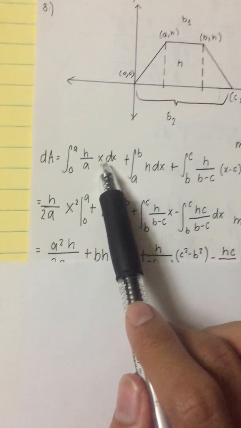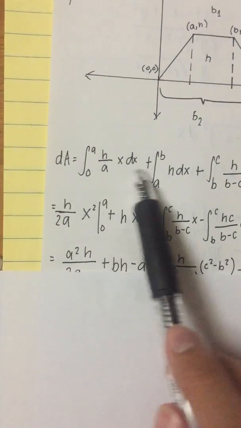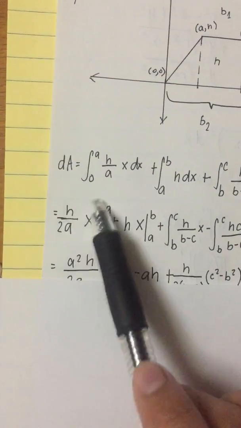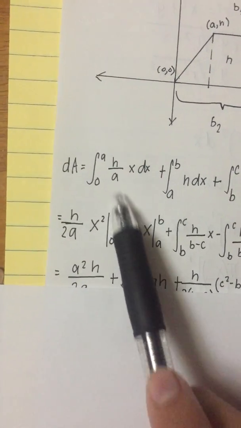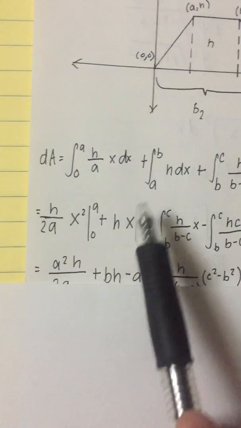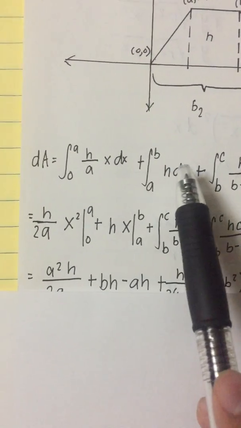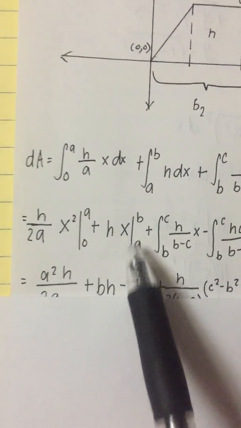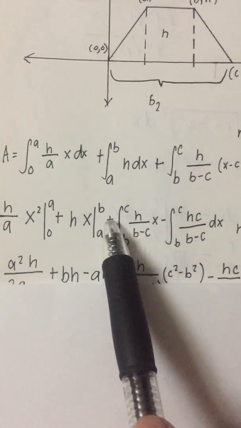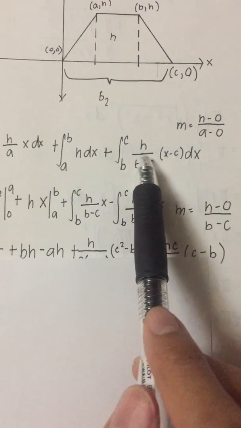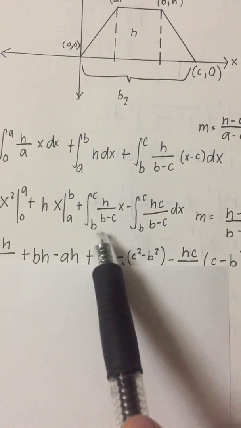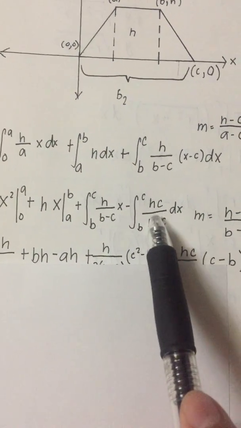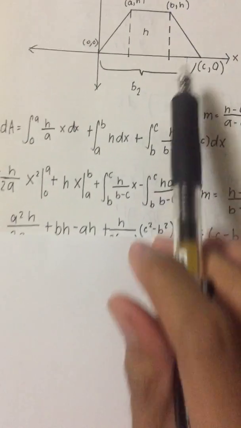The integral of x is x squared over 2, and this is a constant, so we can just bring it out. So h over 2a x squared from 0 to a, plus h, we can also bring it out, and the integral of dx is equal to x, from a to b, plus we can separate this, multiplying both x and c: h over b minus c x minus hc over b minus c dx.